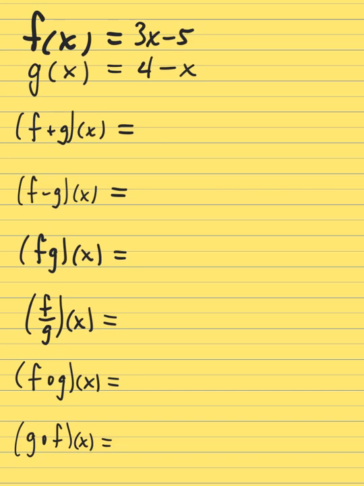For example, the addition of f and g just tells us to take the like terms from each function. Like, for example, function f is 3x minus 5. Function g is 4 minus x.